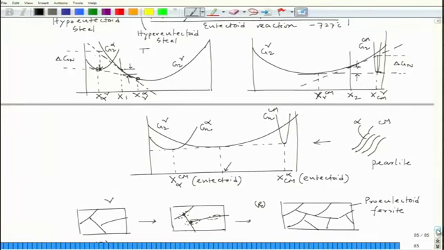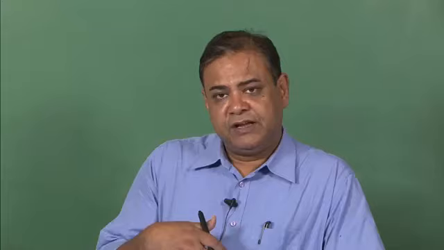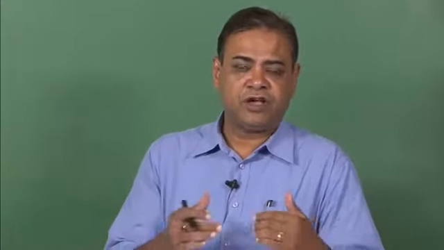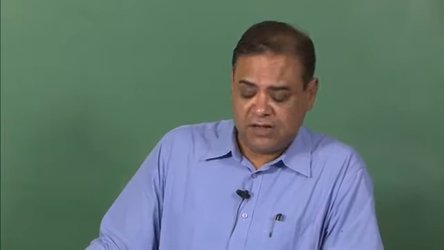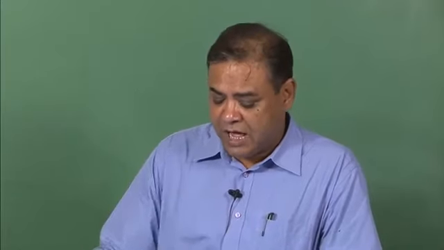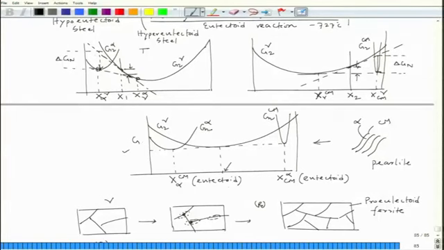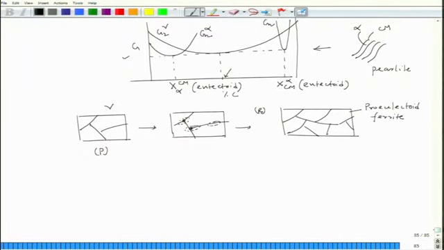reaches eutectoid composition, because as we are saying that the gamma is gradually enriching with carbon, because when alpha forms, alpha rejects carbon to the parent phase, and then finally gamma phase composition reaches 0.8, and then eutectoid reaction happens like this. So, this is G and this is percentage of carbon, and then I would get pearlite phase.